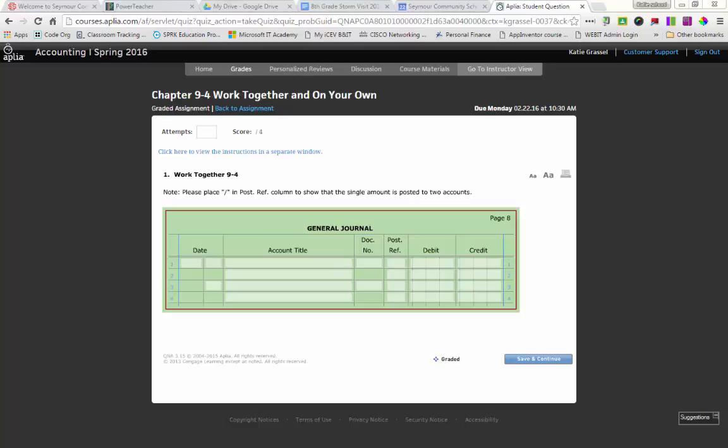So when we take a look at our transactions for this one, the first one reads that we bought store supplies on account from Designer Supplies. Okay. We've done this before. We did it in our general journal before, but we would have done supplies office, and then we would have done Designer Supplies. So it's very similar, but we have to add that accounts payable / whatever.